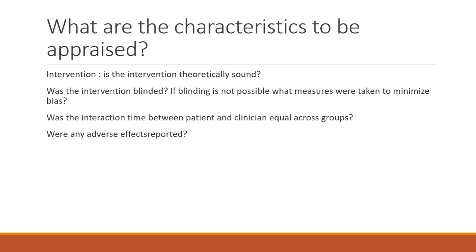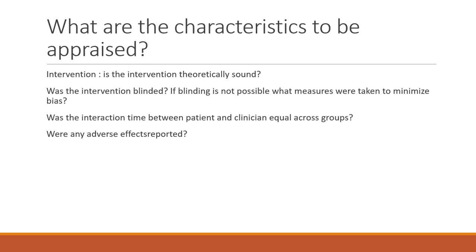When you come to intervention, was the intervention theoretically sound? That is a judgment call, for which you need background knowledge. Was this intervention worth researching at all? Was the intervention blinded? If blinding is not possible, what measures were taken to minimize bias? Was the interaction time between patient and clinician equal across groups?